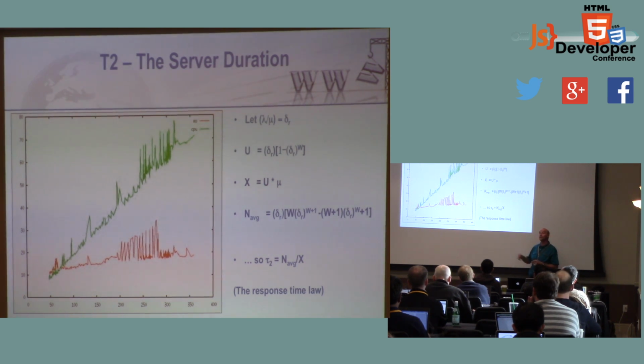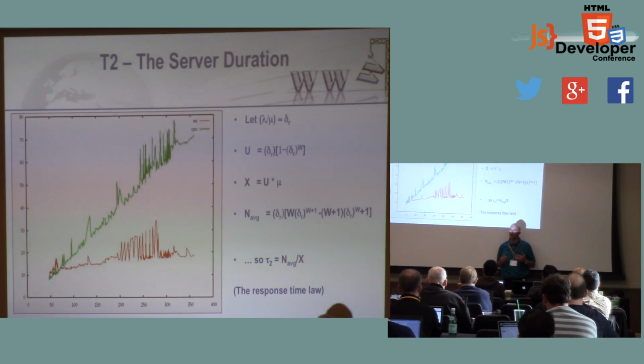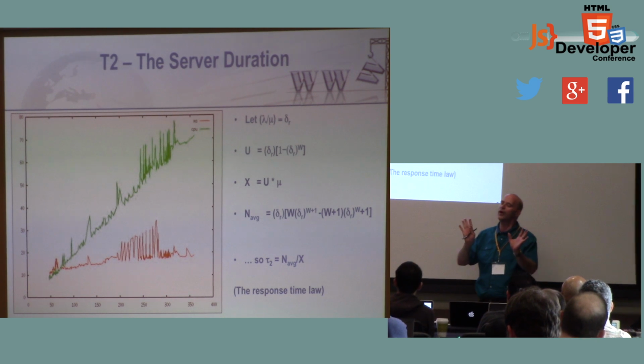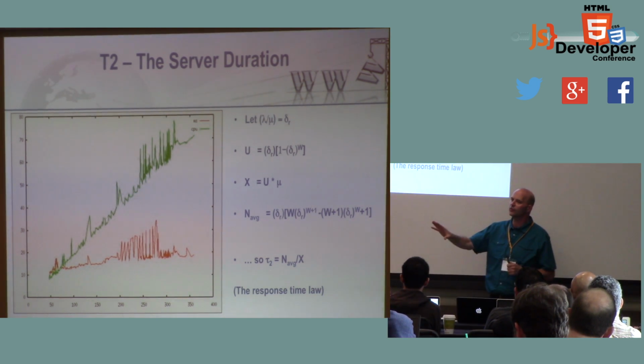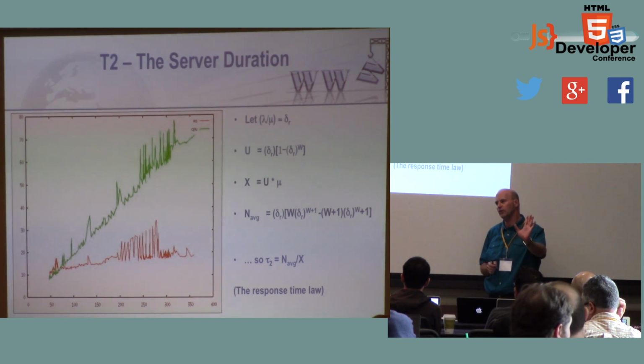And let's just say it goes nonlinear at 20. Why is that? For just the server duration, the reason that happens is because each individual request, at the time that it goes in, will find different levels of queue residence times while it's waiting for resources, right? If RAM is really busy, the queue residence time to access RAM will be longer than the queue residence time to access the CPU.